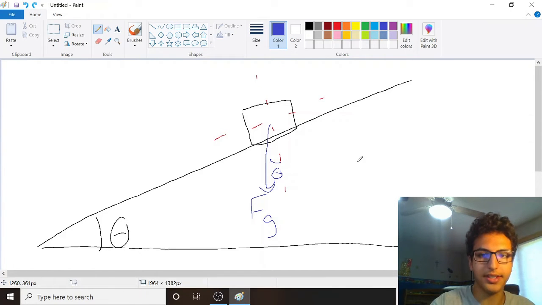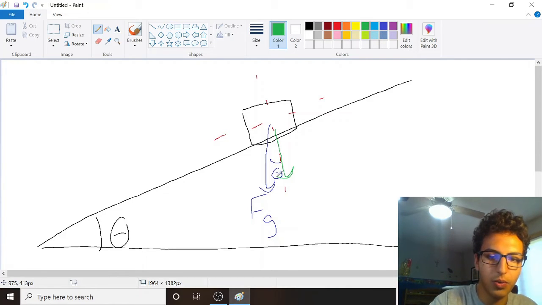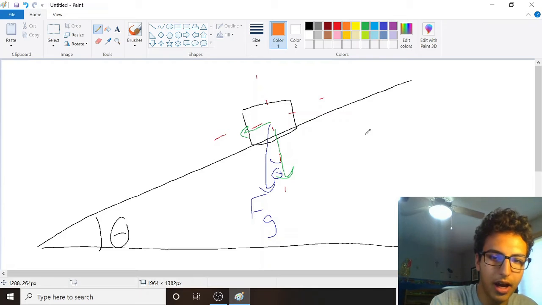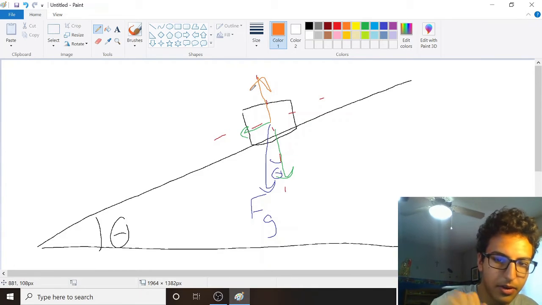So we know gravity's here. We know it has vector components, one going this way and one going this way. And what do we know? We know because there's no acceleration right here in this area, there is also a normal force acting up right there.